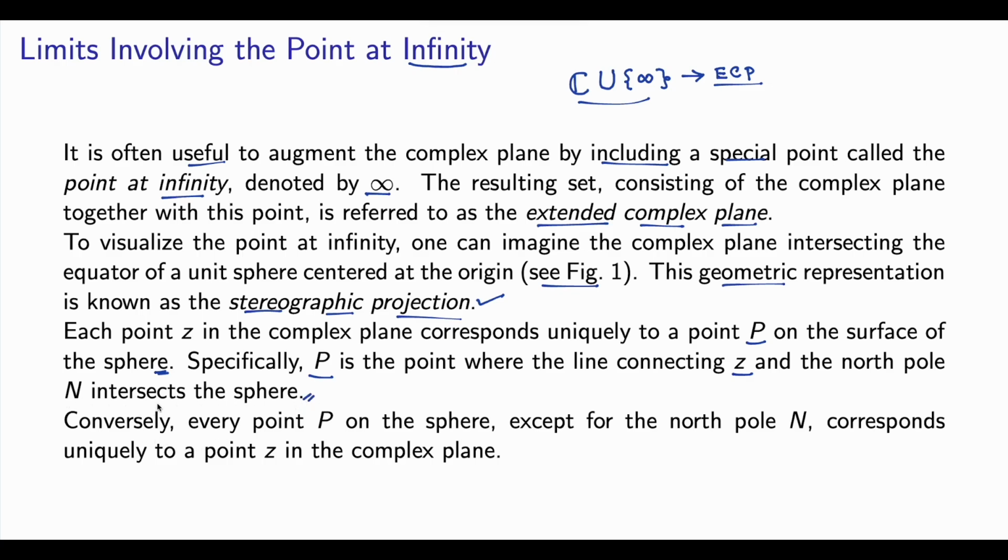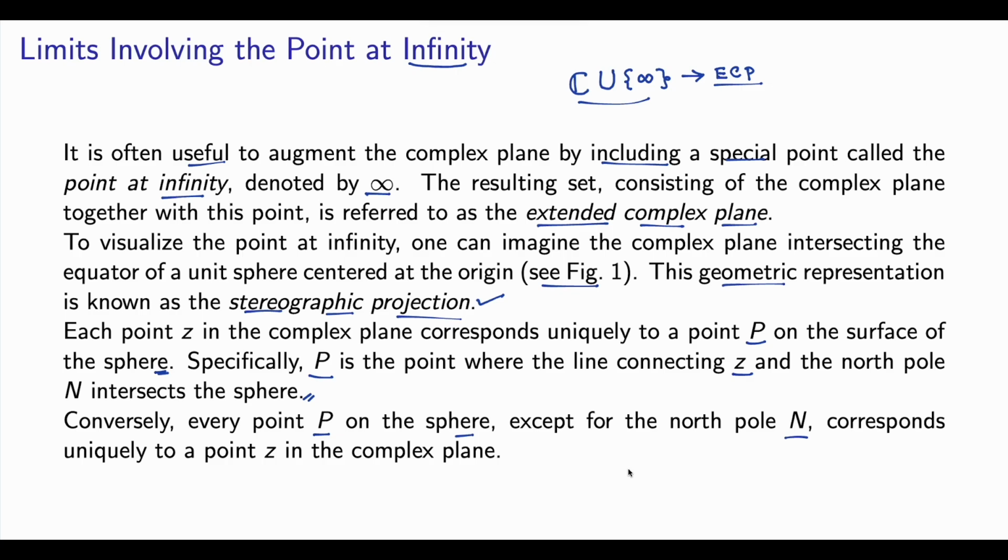Conversely, every point P on the sphere except the North Pole corresponds uniquely to a point Z in the complex plane. It means that all the points on the sphere, except the North Pole, are mapped uniquely to the complex plane. It means that a one-to-one correspondence has been established.